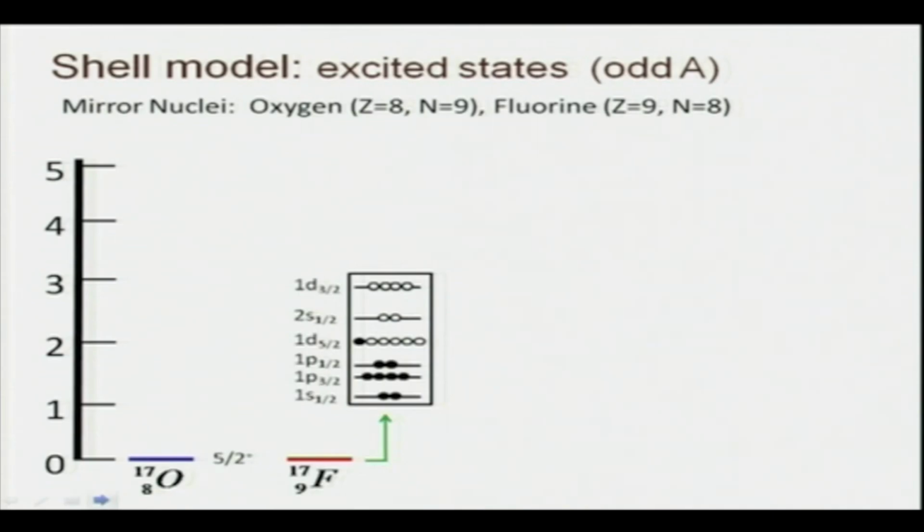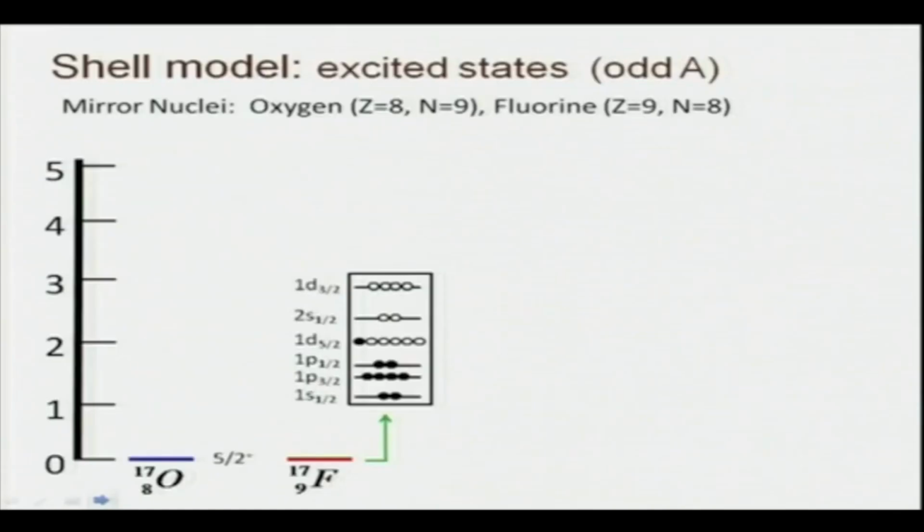Fluorine has 9 protons and 8 neutrons. So, Z and N are interchanged in the case of oxygen and fluorine. Since the strong interaction is blind to whether it is a proton or a neutron, we expect exactly similar kind of situation in the case of oxygen as well as fluorine, as far as the nuclei of these are concerned.